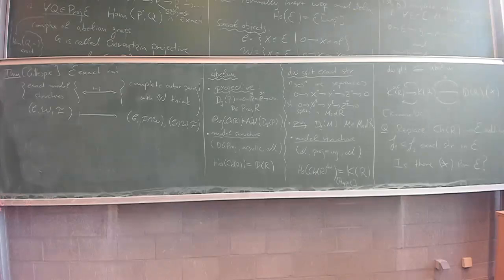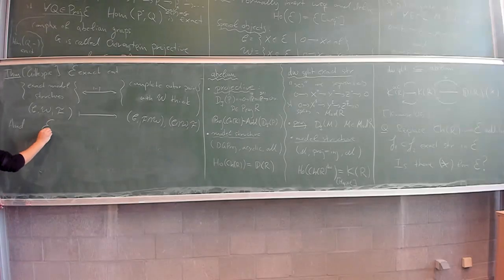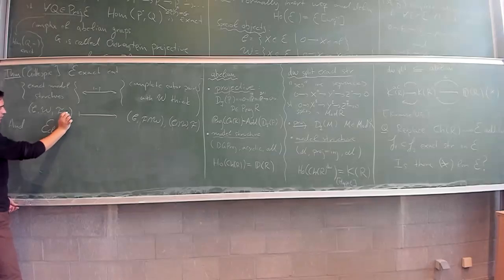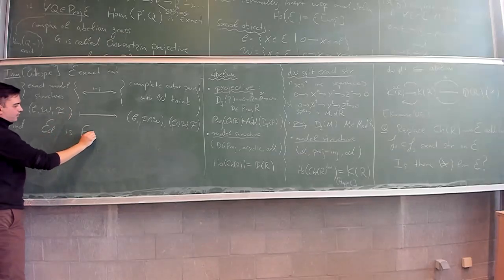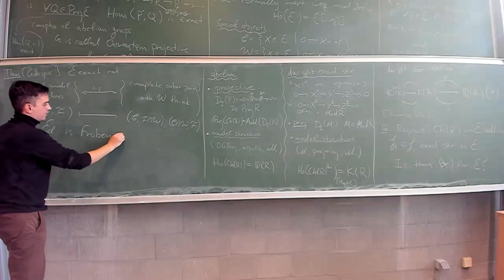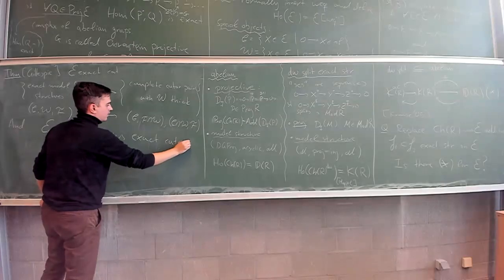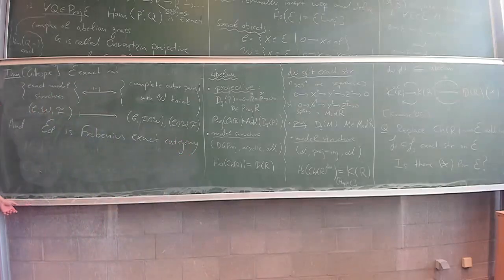Yeah. So you have this, and most importantly, if I denote with E_cf the subcategory of E of all the cofibrant and fibrant objects, which sometimes are called bifibrant, then this is going to be a Frobenius exact category. What do I mean by Frobenius exact category?